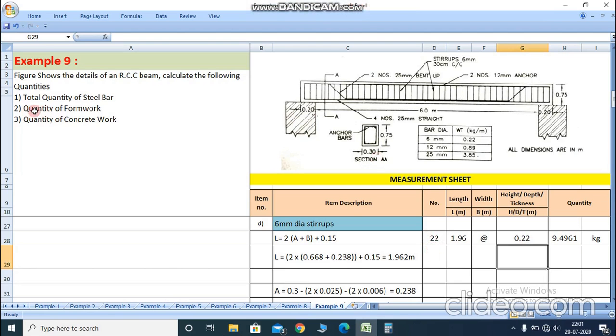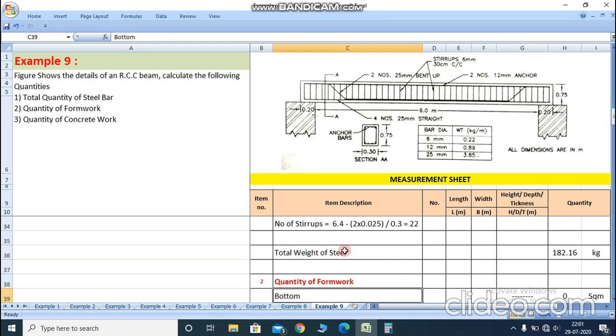Now the next quantity we calculate is the quantity of formwork. Sorry, first the total weight of the steel is the summation of all the values.